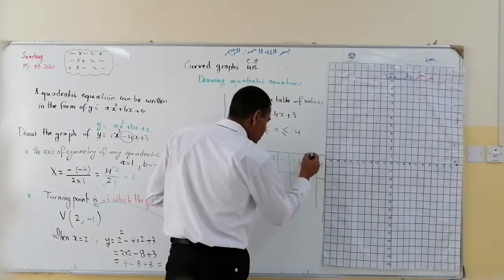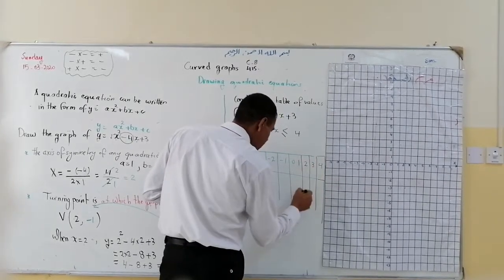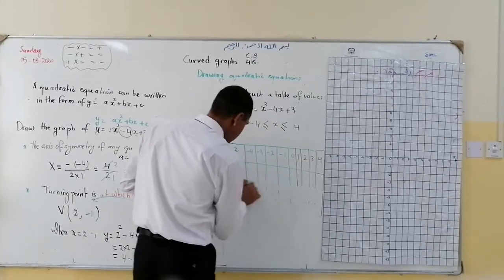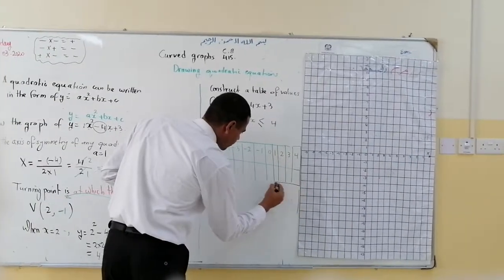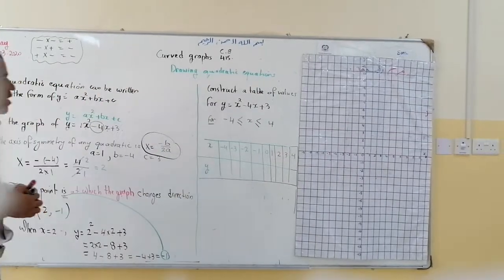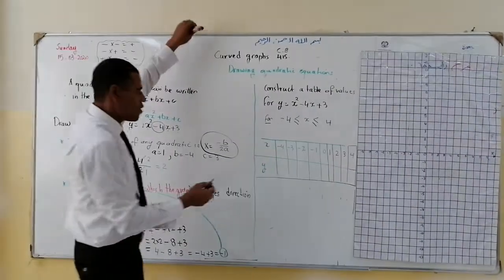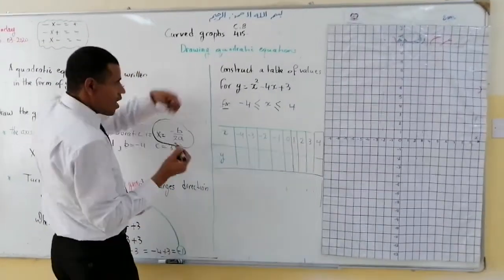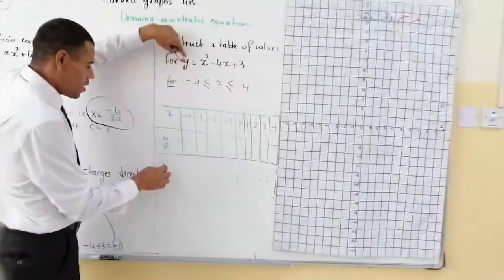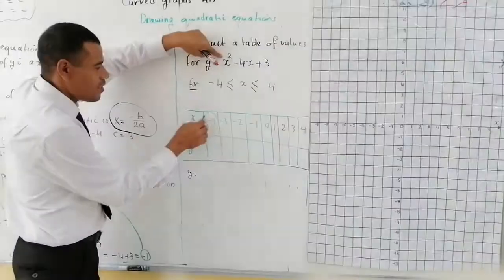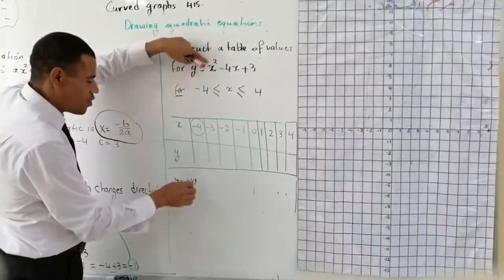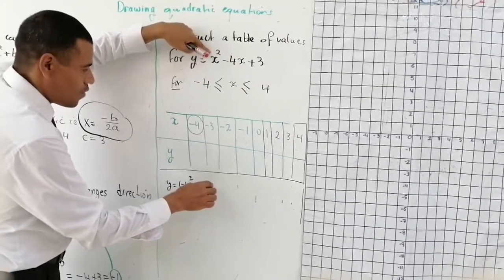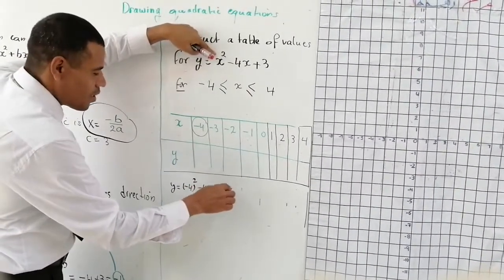I will just make some columns like that. Look, now when x equals negative 4, y equals what? I will use my quadratic equation: y equals negative 4 squared minus 4 multiplied by negative 4, plus 3.